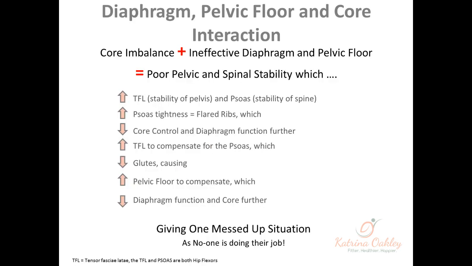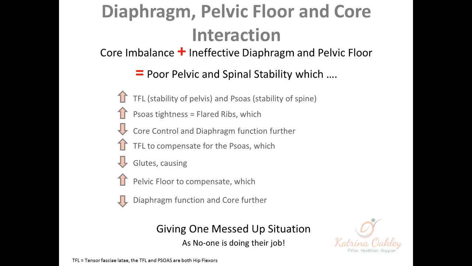When your pelvis and spine don't have the stability they need, look at what can happen. We'll start to get an increased activity of your TFL to stabilize your pelvis. Now, your TFL is one of your hip flexors. And this guy comes in because somebody has to stabilize your pelvis. So it takes on the role when your pressure canister is not doing its job.